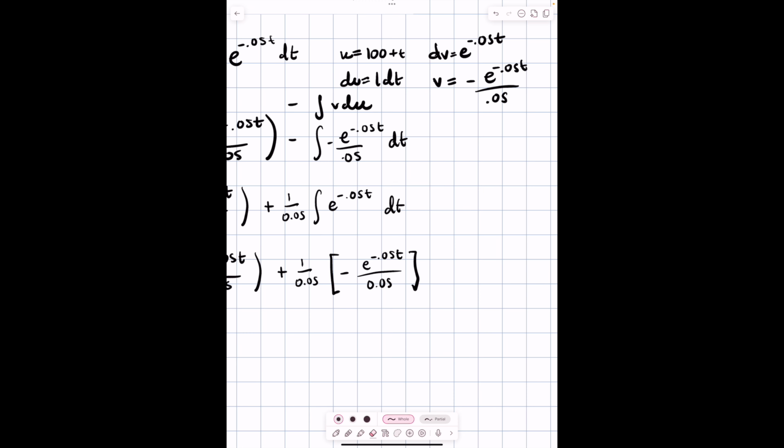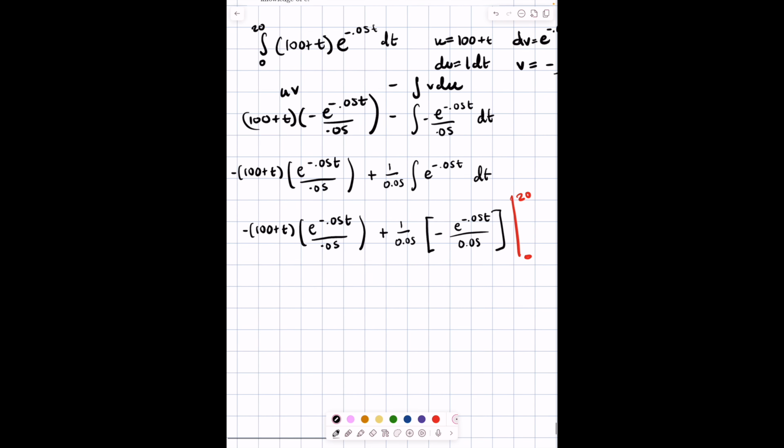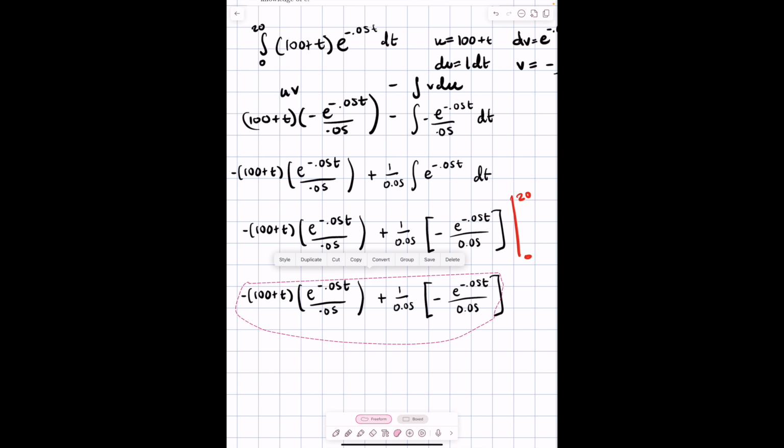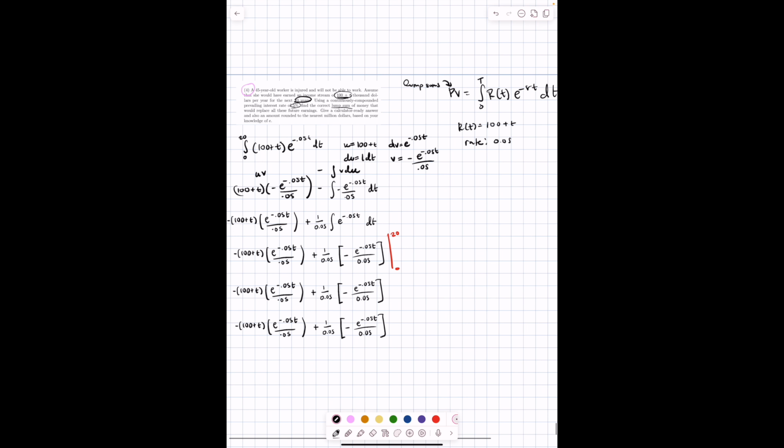Okay. And now after I took the integral, I need to evaluate them. What might be easier is I do this so I don't forget anything. We need to take this and then subtract.